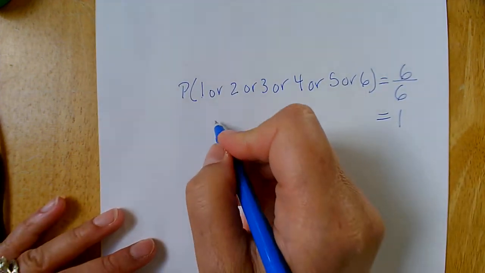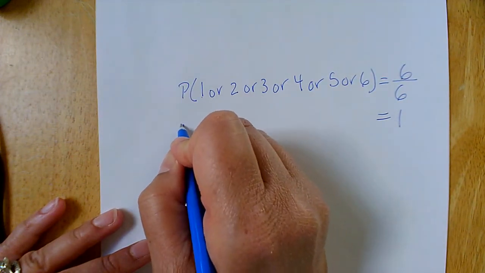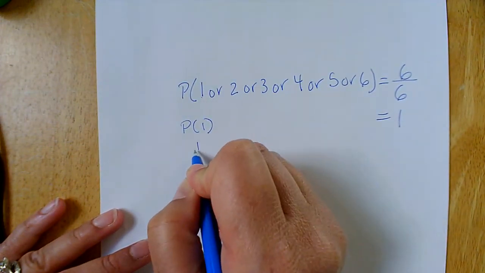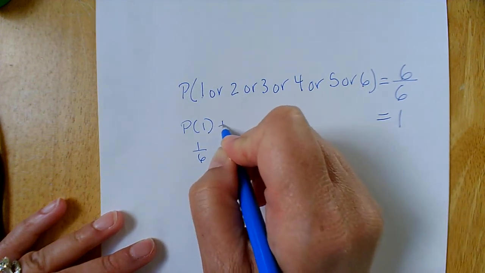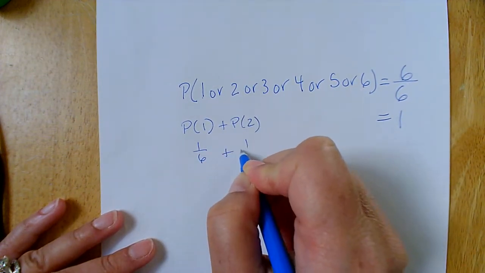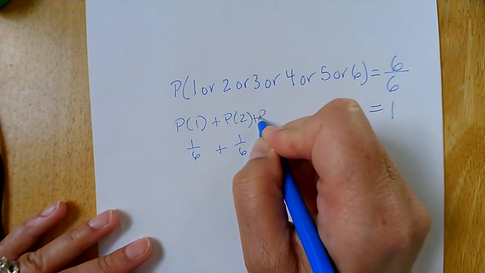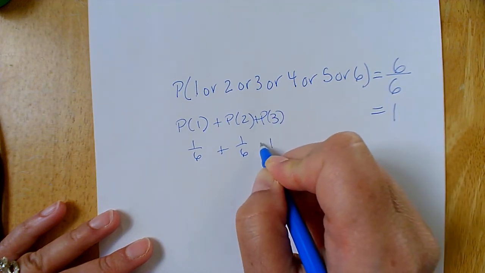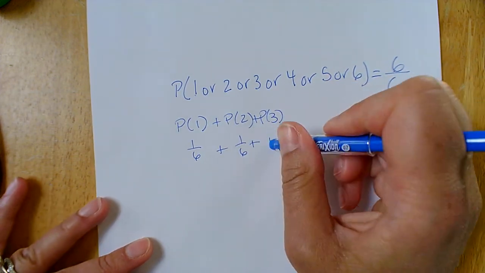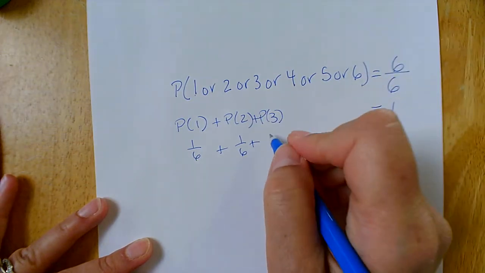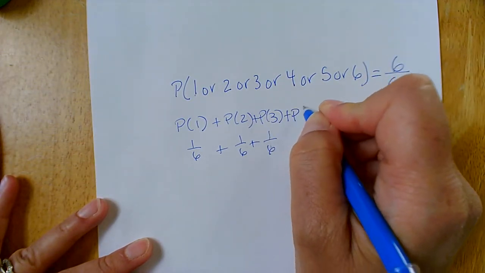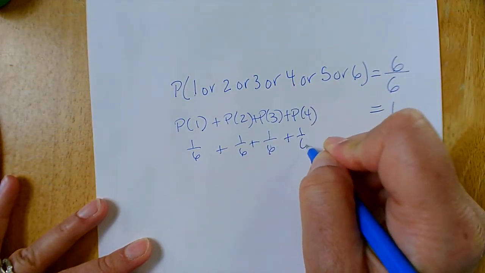We could have also done it like this. We know the probability of a 1 is 1 out of 6. The probability of a 2 is 1 out of 6. The probability of a 3 is 1 out of 6. The probability of a 4 is 1 out of 6.